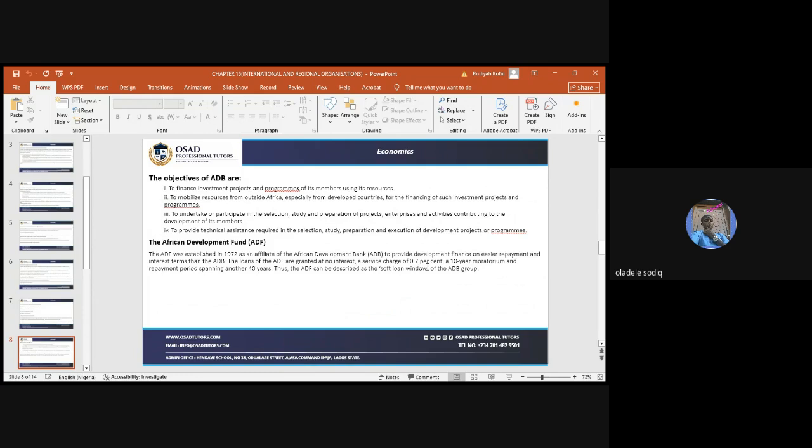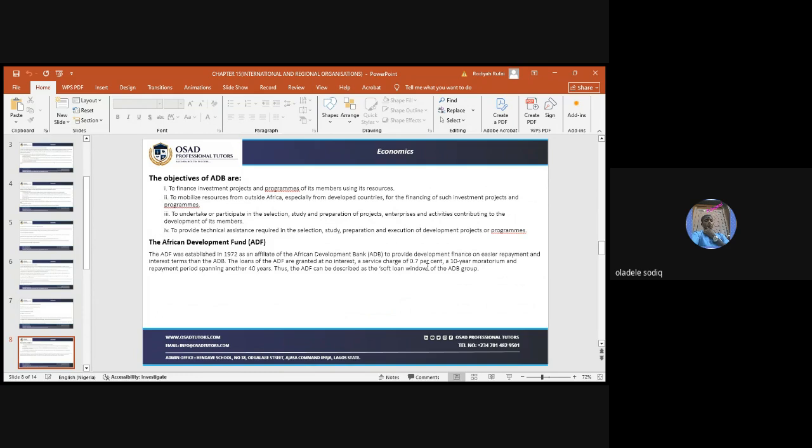So we also have the African Development Fund, ADF. The African Development Fund was established in 1972 as an affiliate of the African Development Bank to provide development finance on easier payment and interest terms than the ADB.